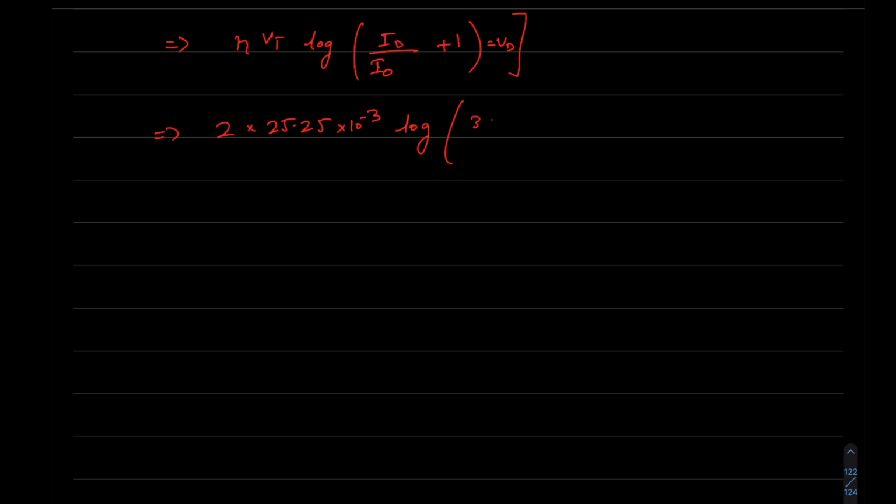ID we have 3 into 10 to the power minus 3 over 10 to the power minus 12, which was 1 picoampere, plus 1. So use your calculators, and this value will come out to be 1.103 volt, which is our diode bias voltage.